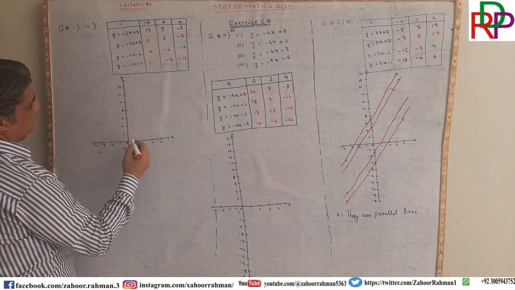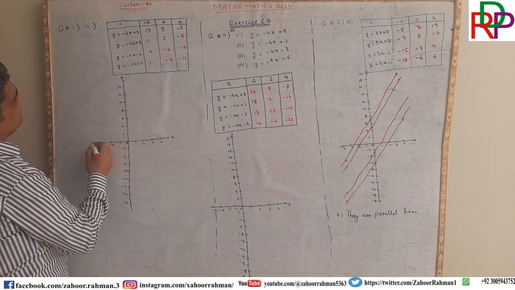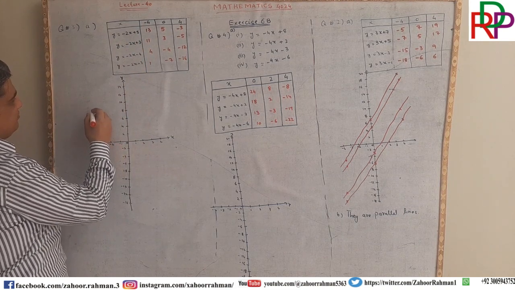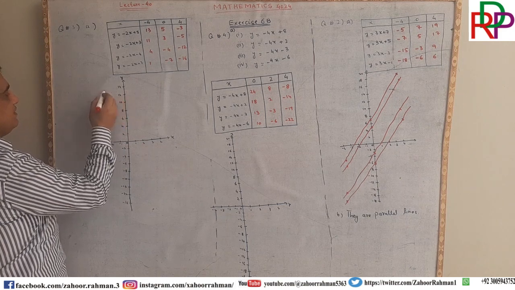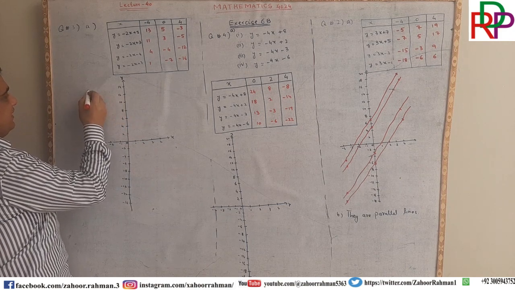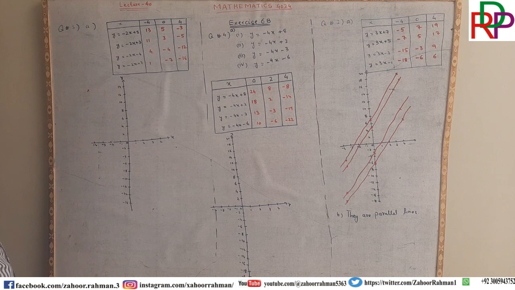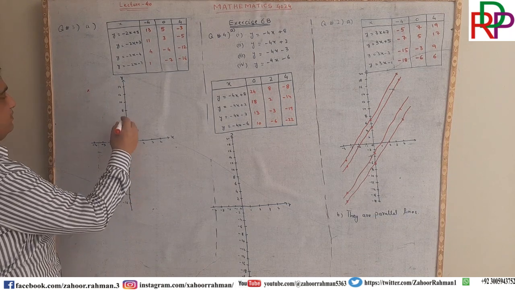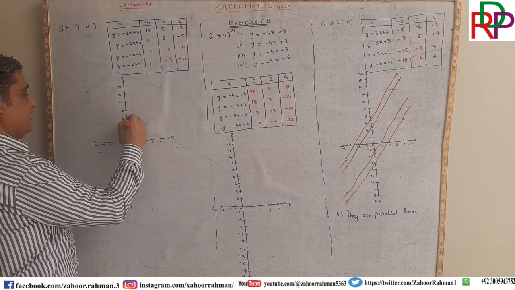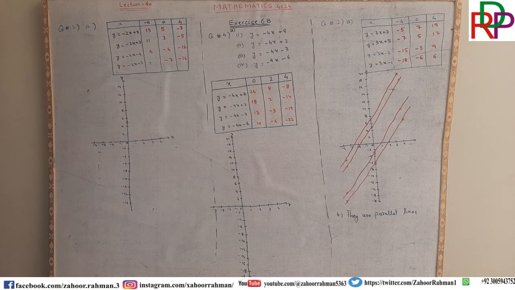For minus 4 there is 13, so 13 will be somewhere here, and for 0 it will be 5, so 5 will be somewhere here.